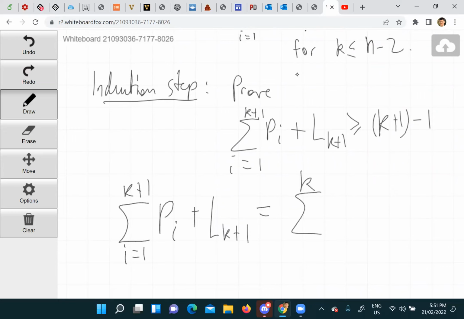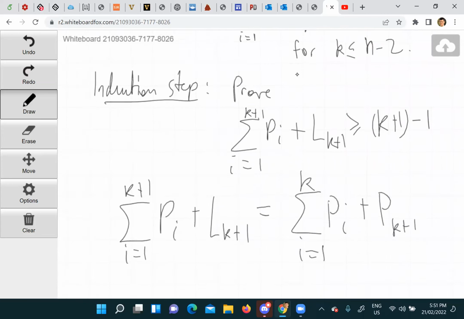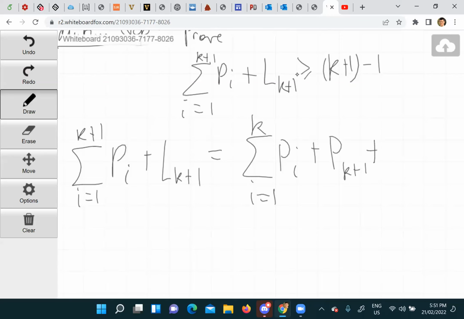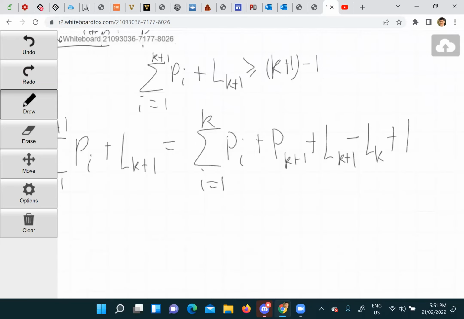So this is just adding all the P's up. We can add all the P's up to the one before, plus P of k plus 1, plus L_{k+1} minus L_k, plus L_k, yeah?